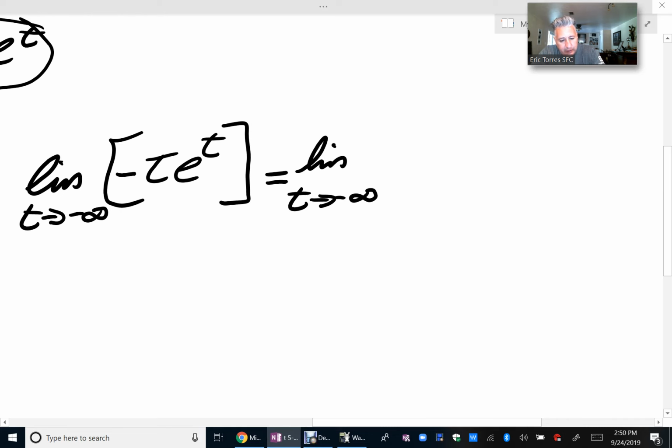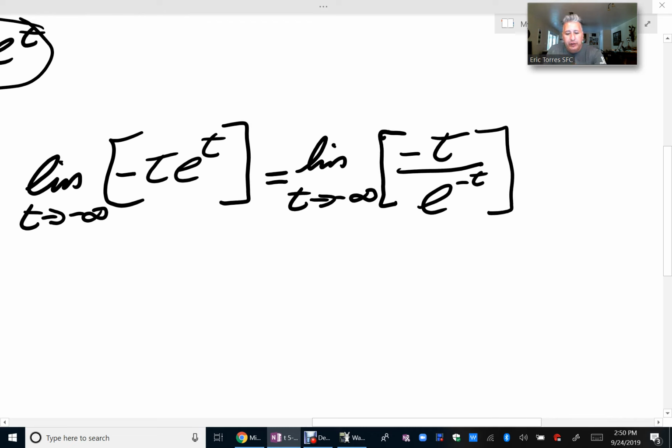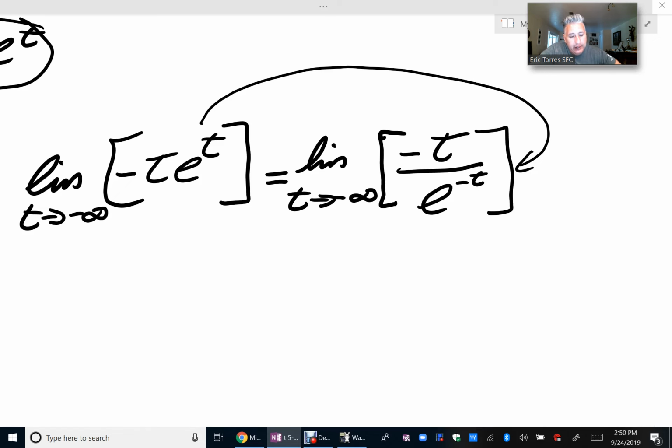It becomes negative t divided by e to the negative t. It says the exact same thing, just moving it from the top to the bottom and changing the sign of the exponent. On the top, as t goes to negative infinity, the limit of the numerator is negative infinity. In the denominator, e to the negative t, I have a negative going to negative infinity, so a double negative is positive infinity. So this gives me basically infinity divided by infinity.